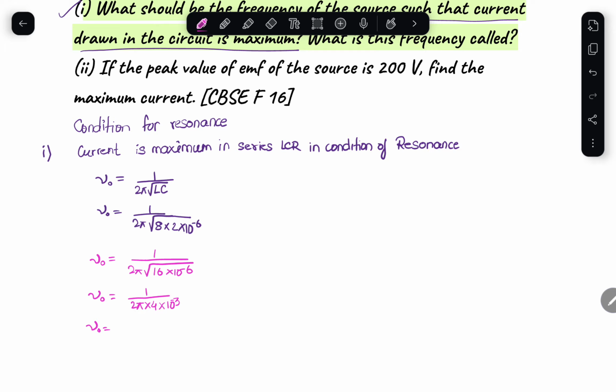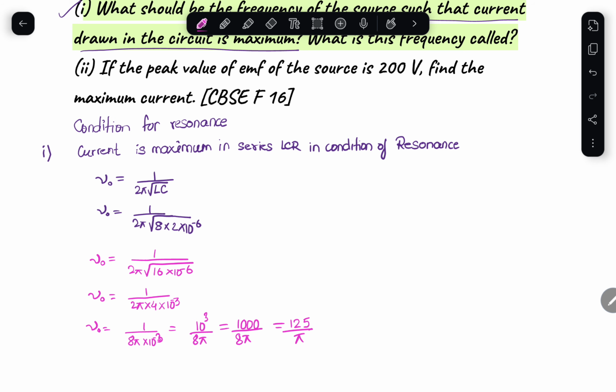Now solve it again. Nu naught equals 1 by 8 pi into 10 to the power minus 3. This can be written as 10 to the power 3 by 8 pi. So 10 to the power 3 means 1000 by 8 pi. The 8 and 1000 can be cancelled, giving 125 pi.